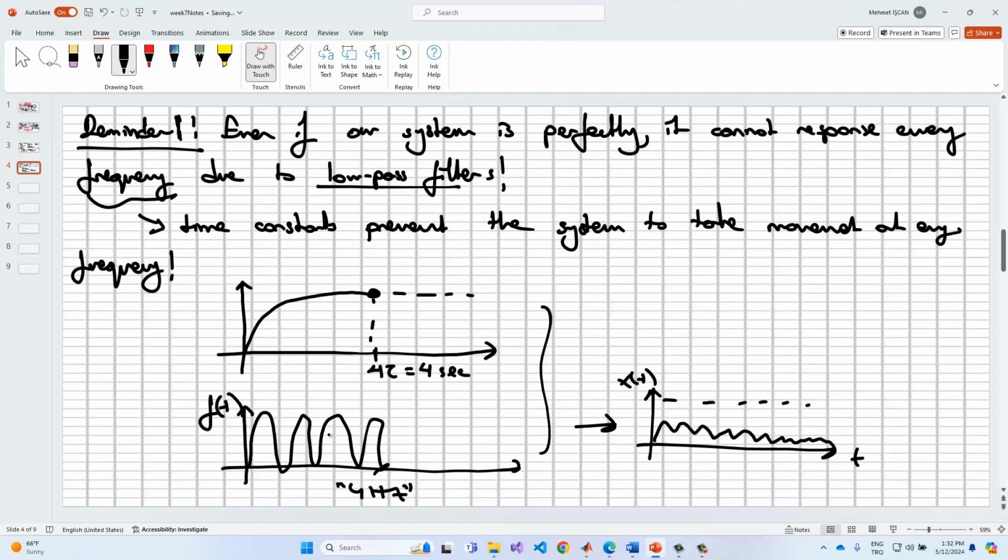Even if our system has a perfectly designed controller, we cannot drive the R system beyond some frequency, which we call the cutoff frequency. Okay? This is the simple example about these things.